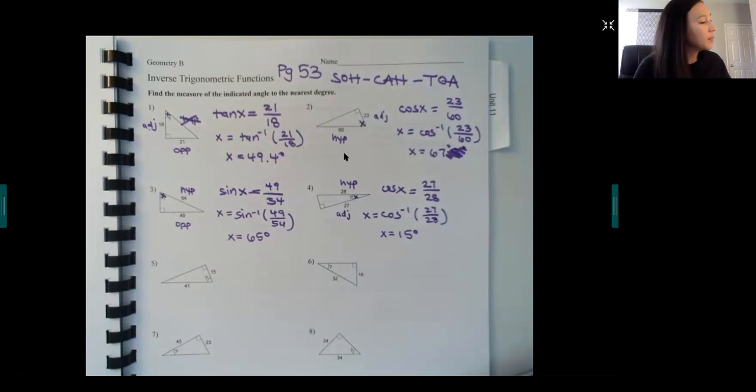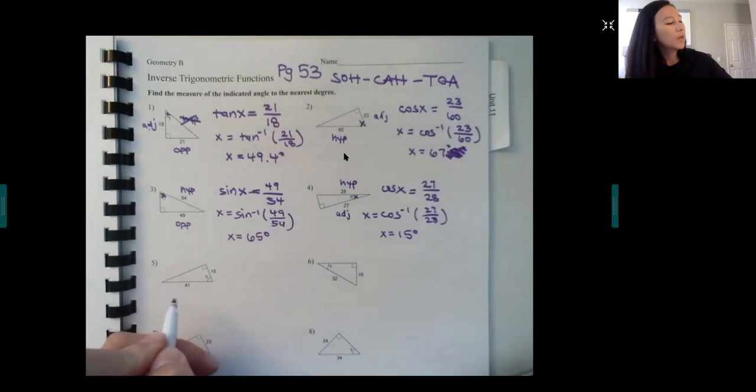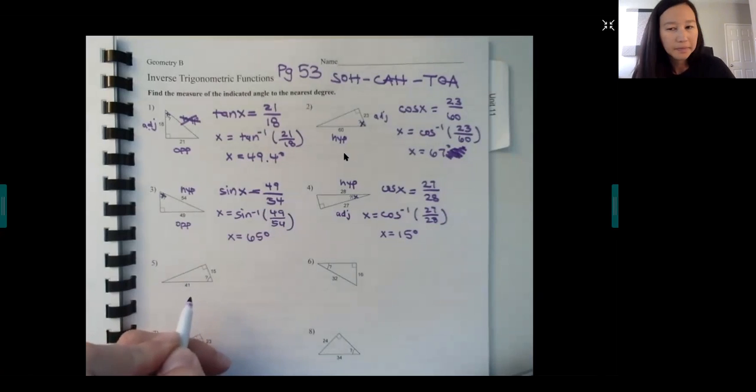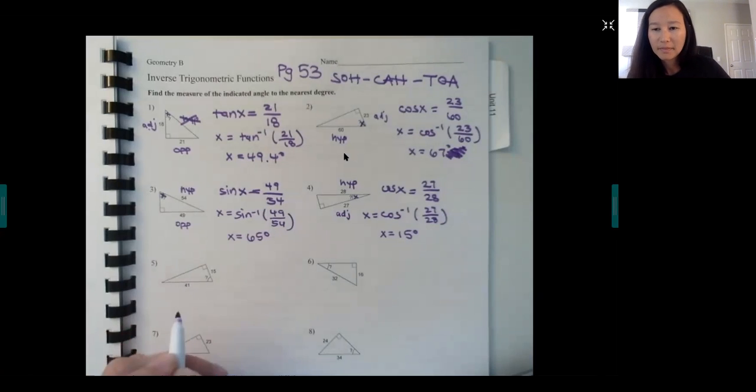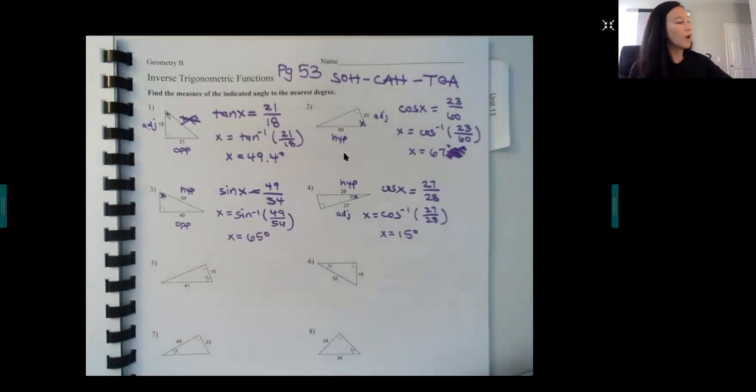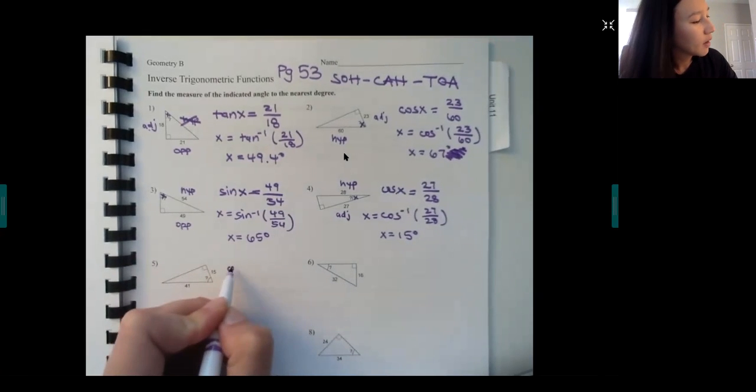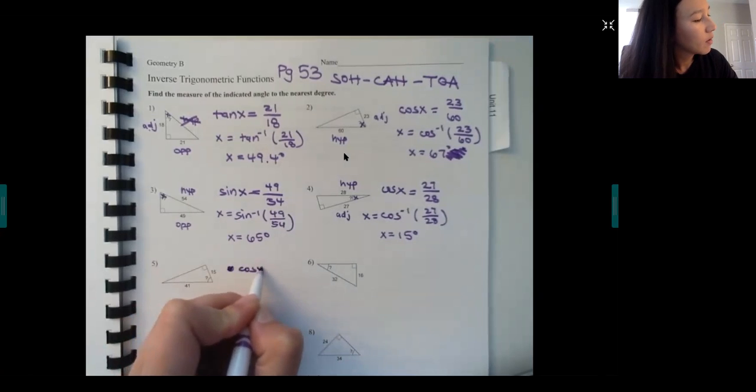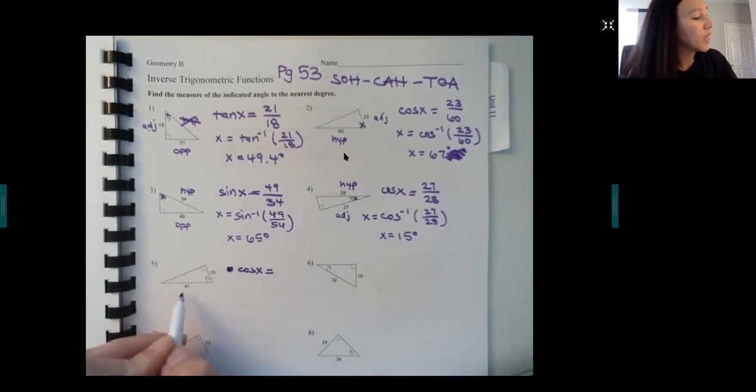Okay, Jade, what about number 5? Which trig function did you use? Cos. Okay, cosine? Yeah. Because which two sides did you have?